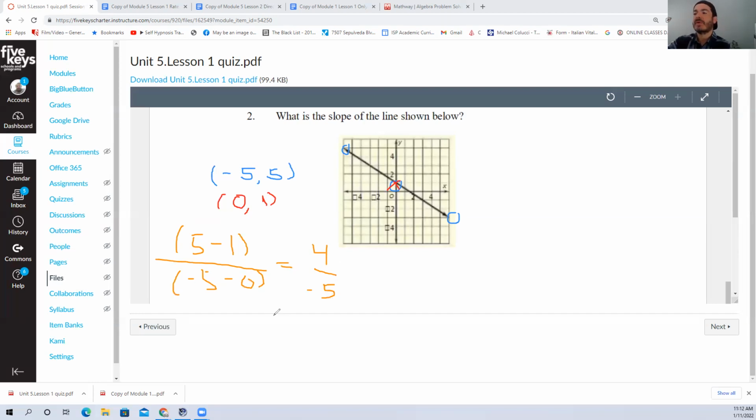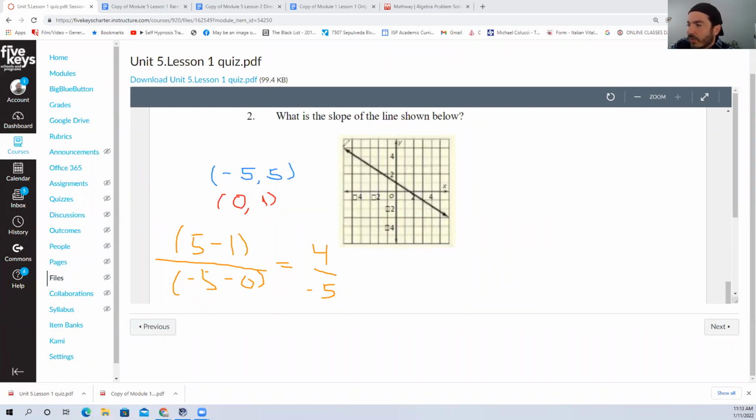So that means that for every 4 I go down, I should go 5 over, right? So I can do a quick test. The first thing I'm interested in noting, before I do that test, is the sign, and it's negative. So it should be going downhill from left to right. And indeed it is. Left to right, downhill. Okay. But let's look at the slope and make sure I'm doing this right.